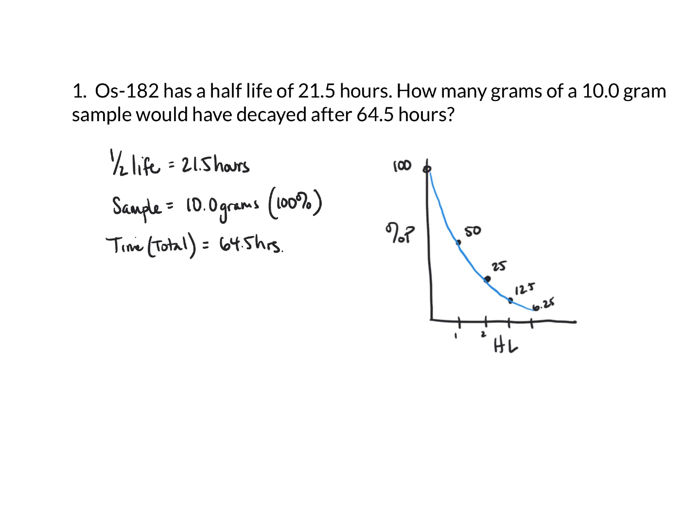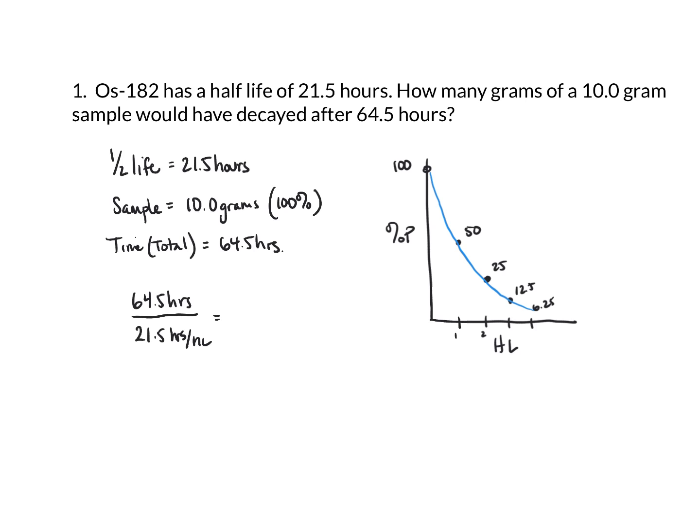All right, so let's see. We've gone 64.5 hours. So our math is we're going to take our total time, 64.5 hours, and we're going to divide it by the 21.5 hours per half-life. And what does that give us?